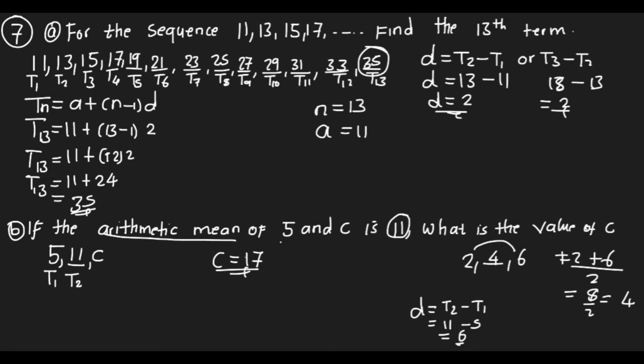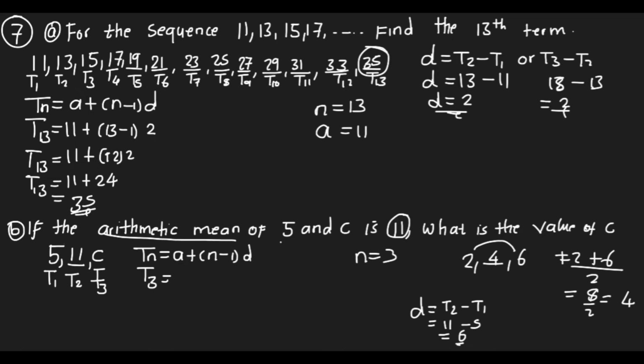Then how can we also solve? We can solve the same 17 by using the formula. We are looking for the third term, the number on position number 3. So we'll use the formula Tn is equal to a plus (n minus 1) multiplied by common difference. Since the number that we are solving for is on position number 3, the value of n is equal to 3.